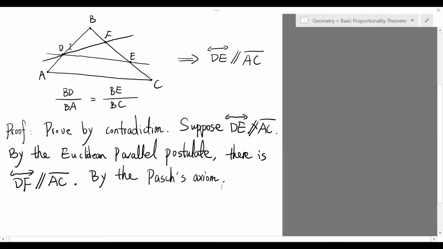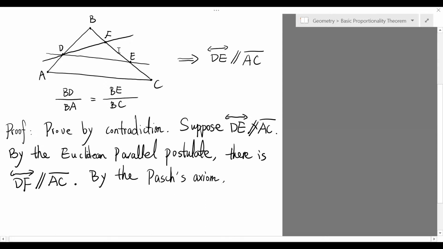But by assumption, DF is parallel to AC, so it would not be intersecting AC at all. Therefore, it must be intersecting some point in between B and C. And for the sake of convenience, we will simply denote the intersection as the point F.